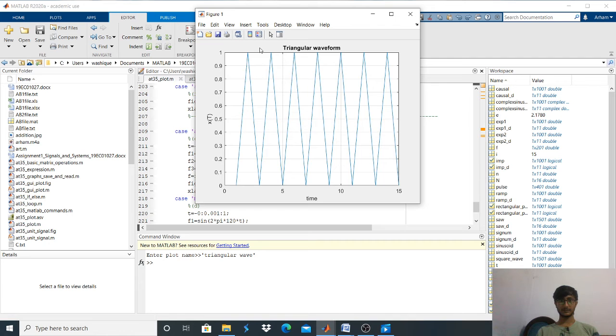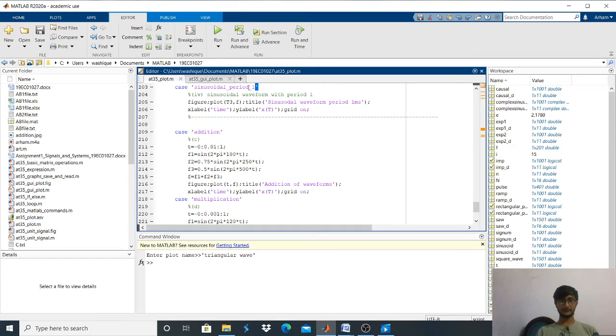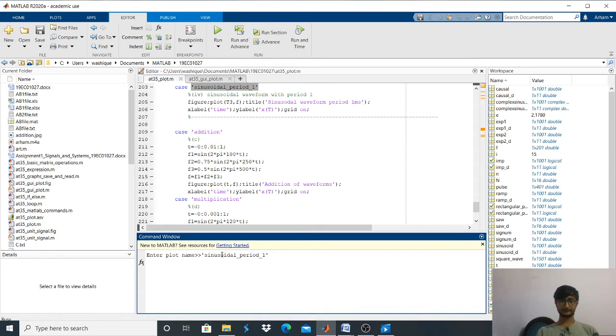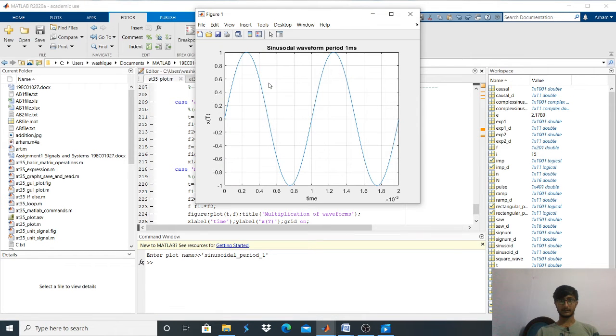This is the triangular waveform, 1 0 1 0 like that. Then we are having sinusoidal with period 1 millisecond. So let's see. See, this is sinusoidal with period 1, that is, in milliseconds.